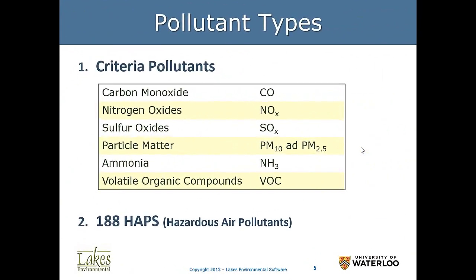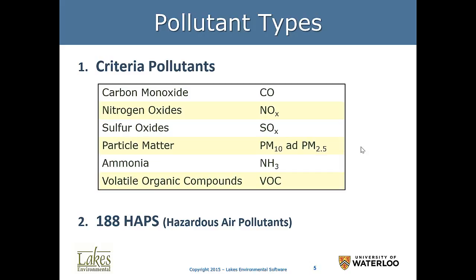When we do emissions inventory, we need to understand what pollutant types we are assessing. It is common that we cover the 6 criteria pollutants. These are carbon monoxide, nitrogen oxides, sulfur oxides, PM, both PM10 and PM2.5, ammonia, and VOC.